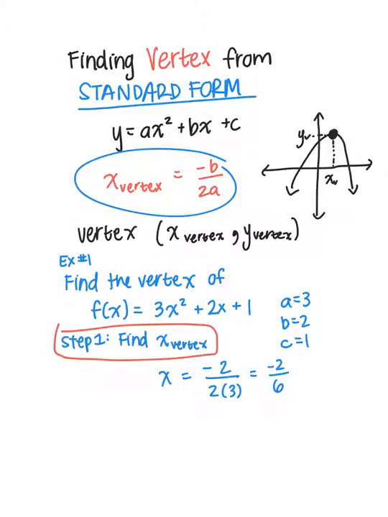We can simplify that further by dividing by 3 to get negative 1 over 3.